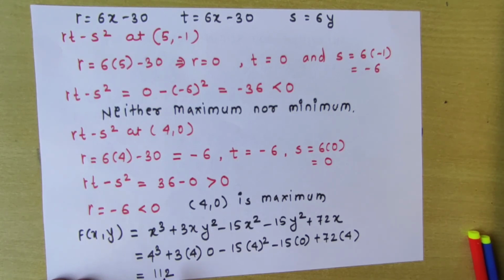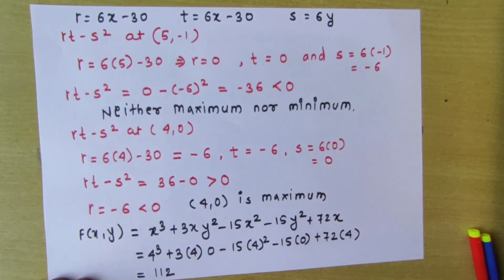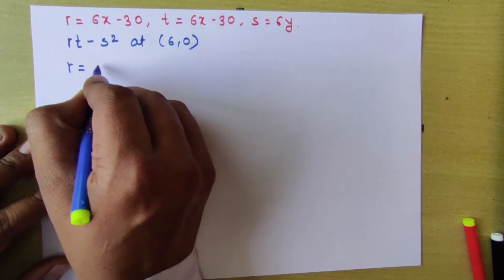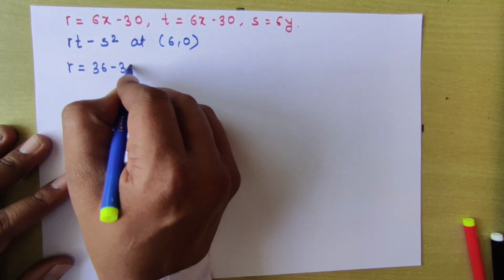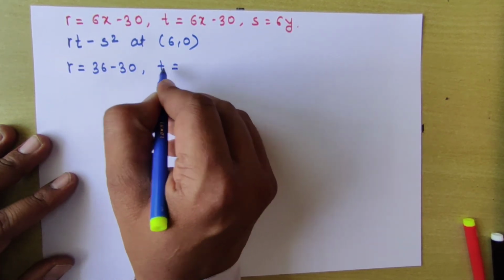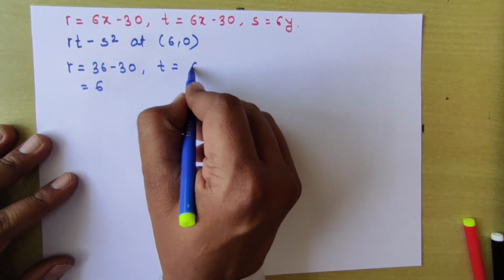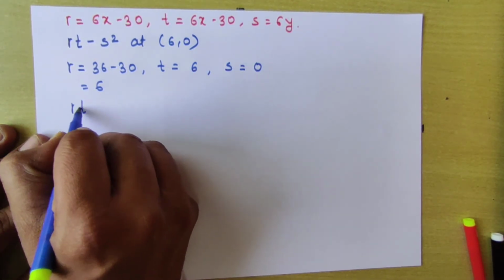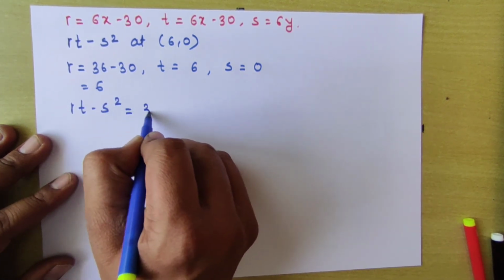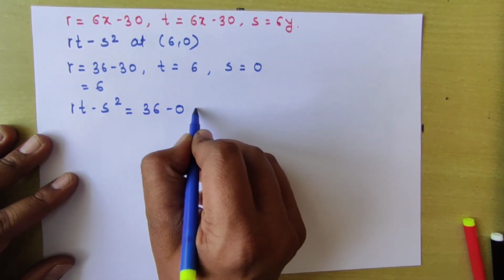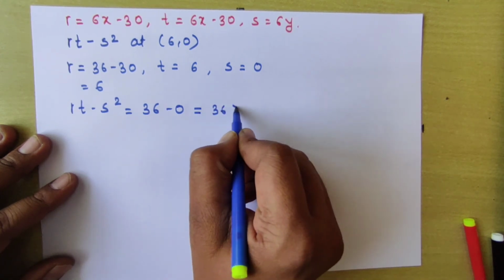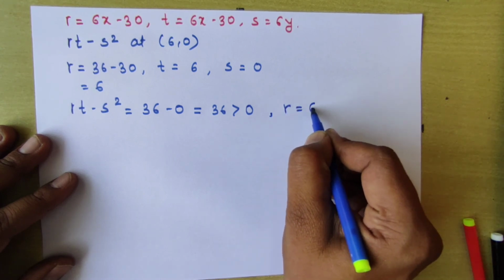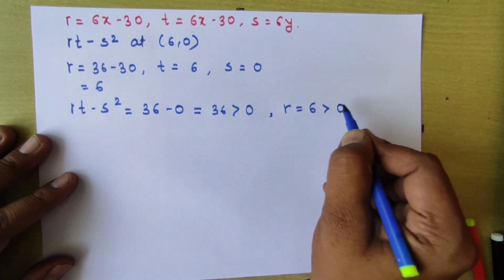Now let's try for the last point, that is (6, 0). By substituting the value, we get r is equal to 36 - 30, t is equal to the same value, that is 6, and s is equal to 0. So rt - s² is equal to 36 - 0, that is equal to 36, which is positive, and the value of r is also positive.